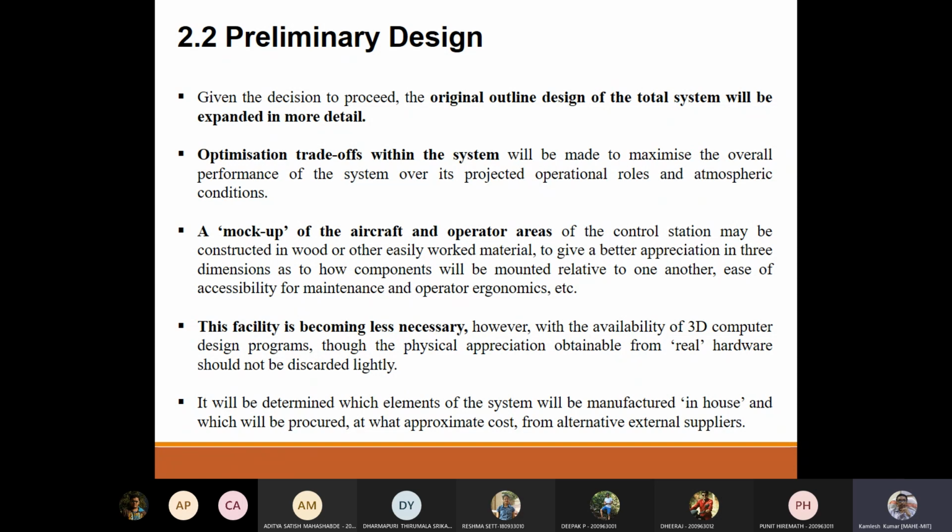So you think this way when you're designing aircraft. Maybe for a normal small UAV, we always raise the question: is it working in all weather conditions or not? So you should have all-weather type of systems.